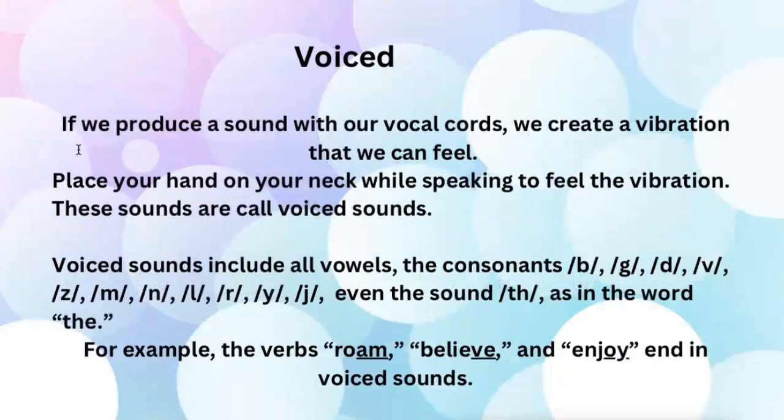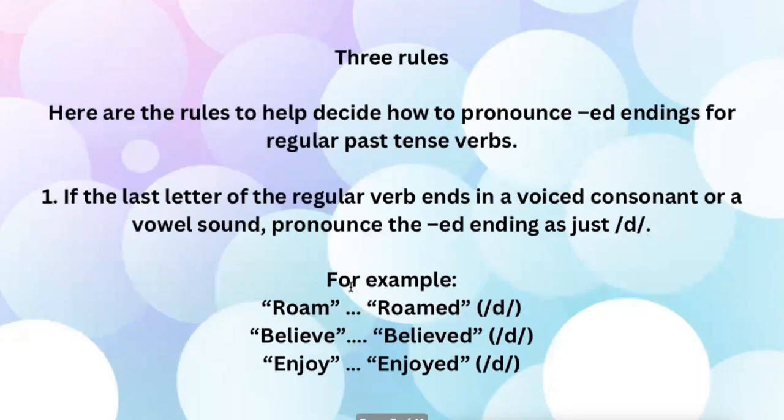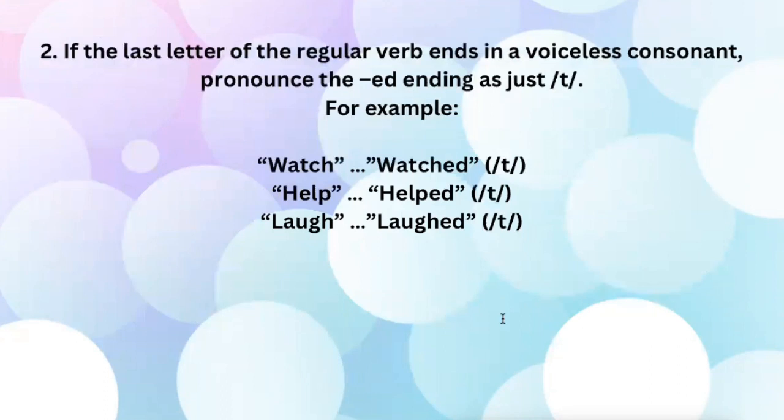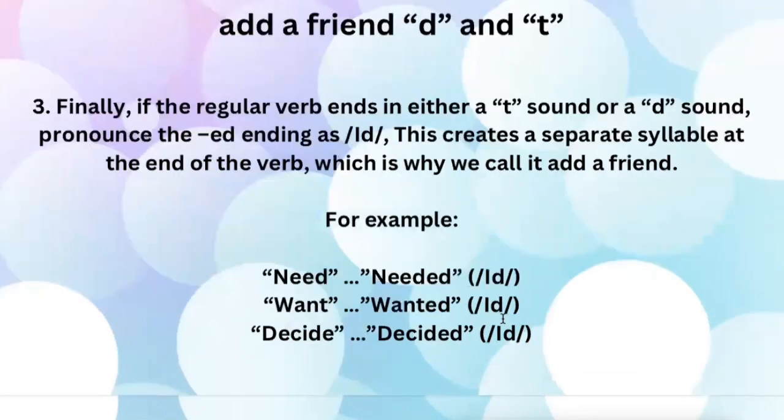So when we have it voiced, all we need to do is say d in the end. When we have it voiceless, all we need to do is say t in the end. And when we have a friend added, then we say id in the end, all right?